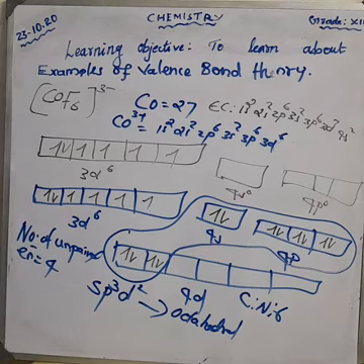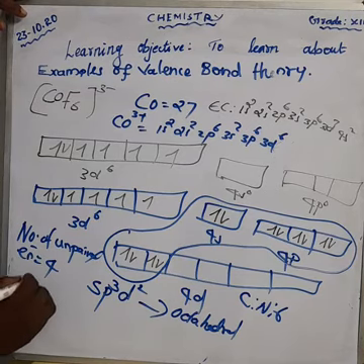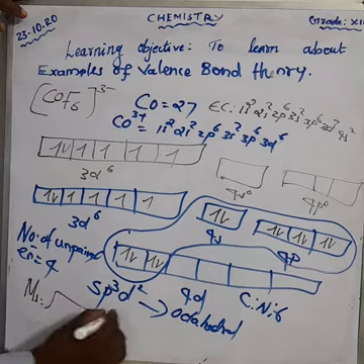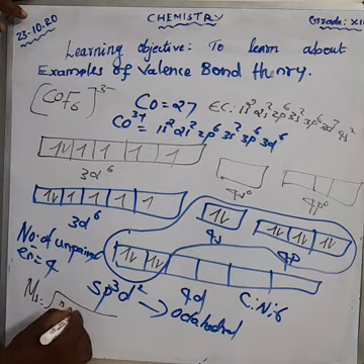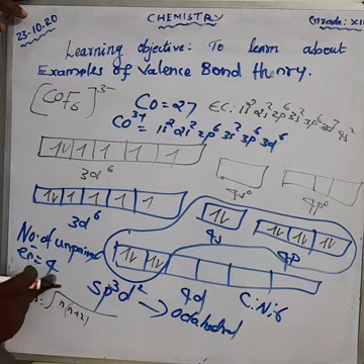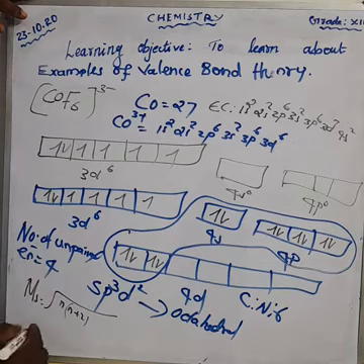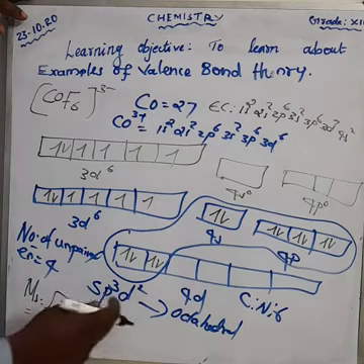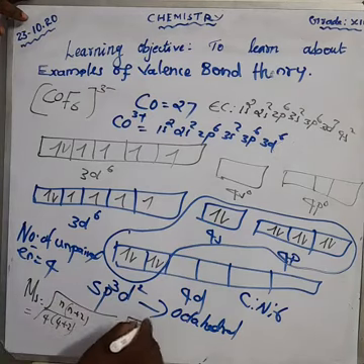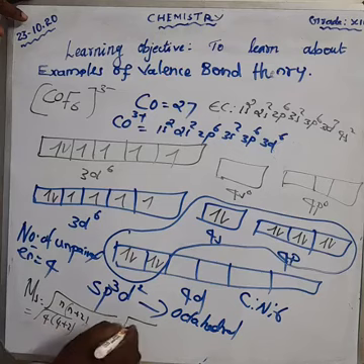Clear? So we should find out the mu calculation. How can you find the mu calculation? The magnetic moment, mu s, is equal to root of n into n plus 2, where n means the number of unpaired electrons, 4. Can you see the answer? Root of 4 into 4 plus 2, that is root of 6 into 4, which is 24. Am I right?